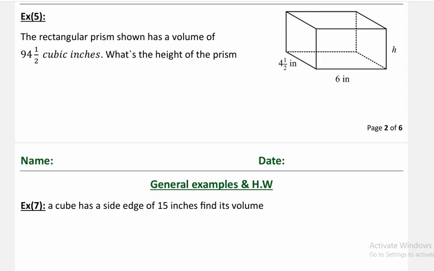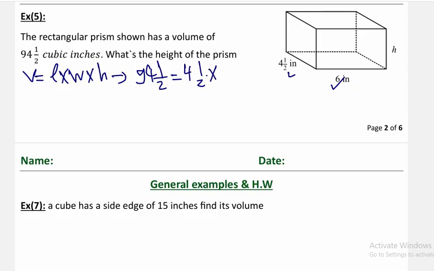The rectangular prism shown has a volume of 94.5 cubic inches, and we have the length and width. We don't know the height. Simply apply the rule: volume equals length times width times height. 94.5 equals 4.5 times 6 times h.